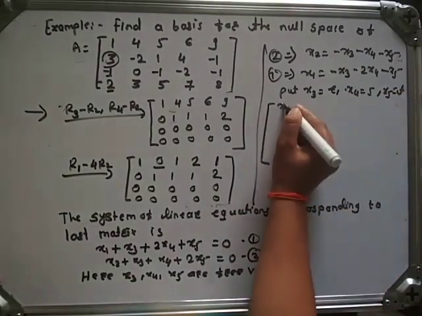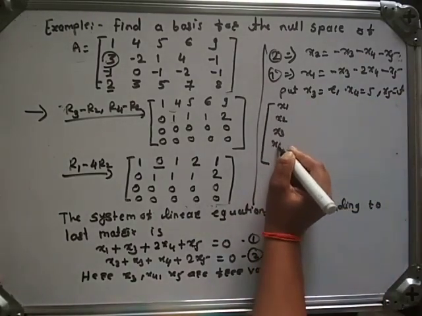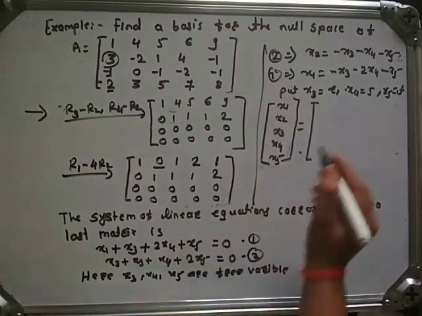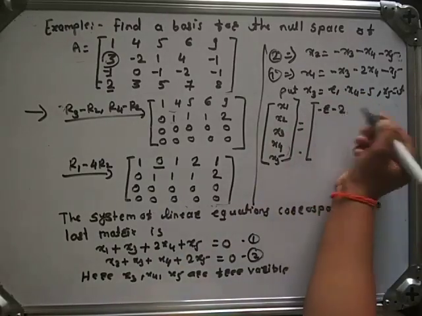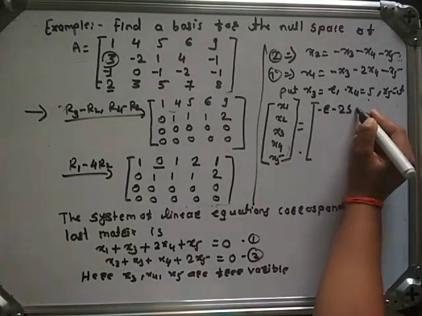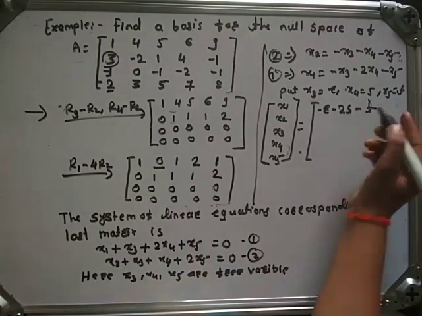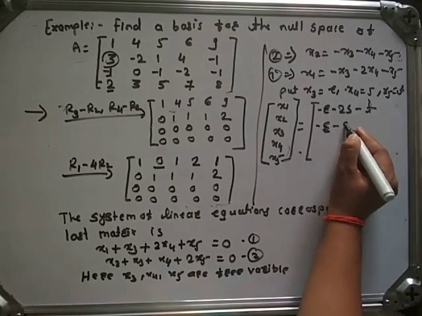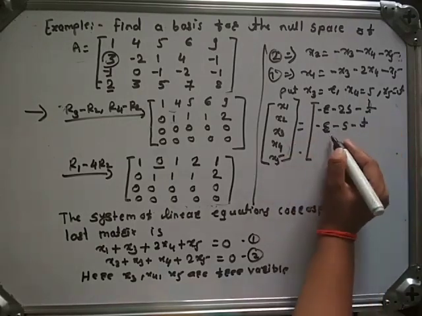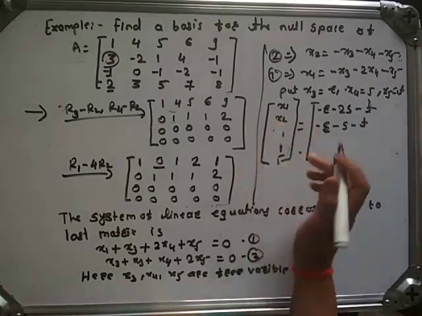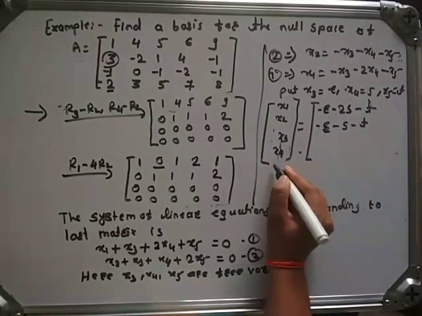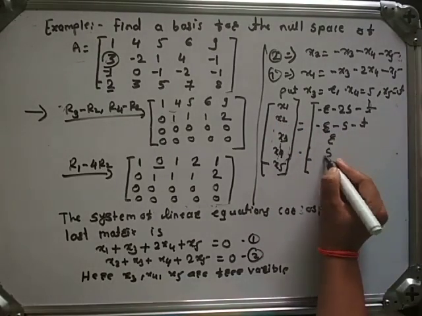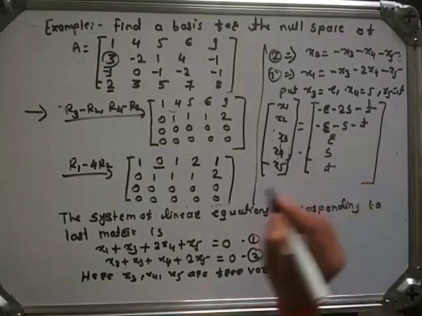So we will get x1, x2, x3, x4, x5 equal to: x1 will be minus x3, which means minus R, minus 2x4 is minus 2S, minus T. Okay. x2 is minus x3, which means minus R, minus S, minus T. Here x3, x4 and x5: x3 is R, x4 is S and x5 is T. Okay.